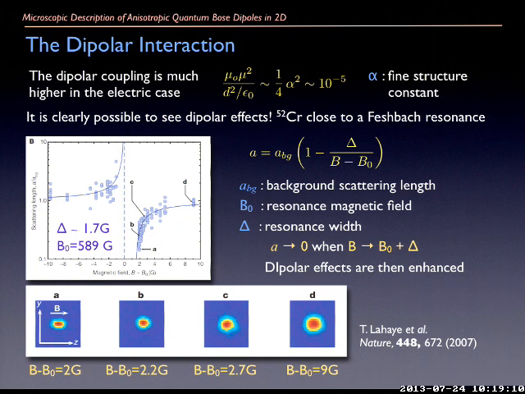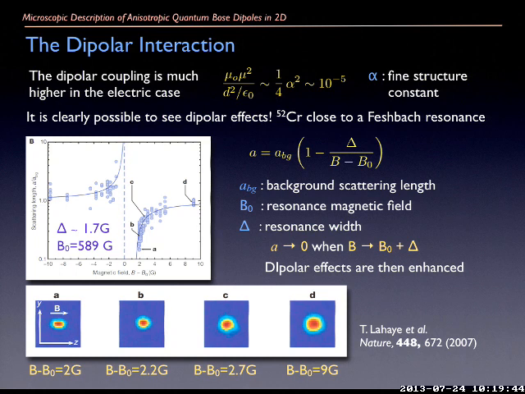But what they did in that work was not that, but getting close to the situation where B minus B0 equals Delta. So the scattering length of the two-body interaction drops to 0, and the ratio of the dipolar length to the scattering length increases, so the effects of the dipolar interaction, or the anisotropy induced by it, are better seen. And this is the kind of thing that they represent in that picture here.